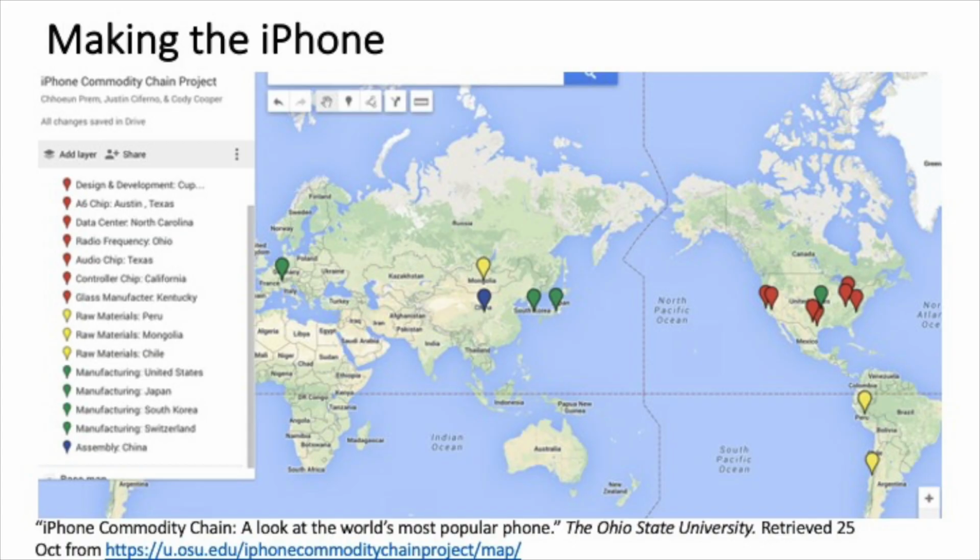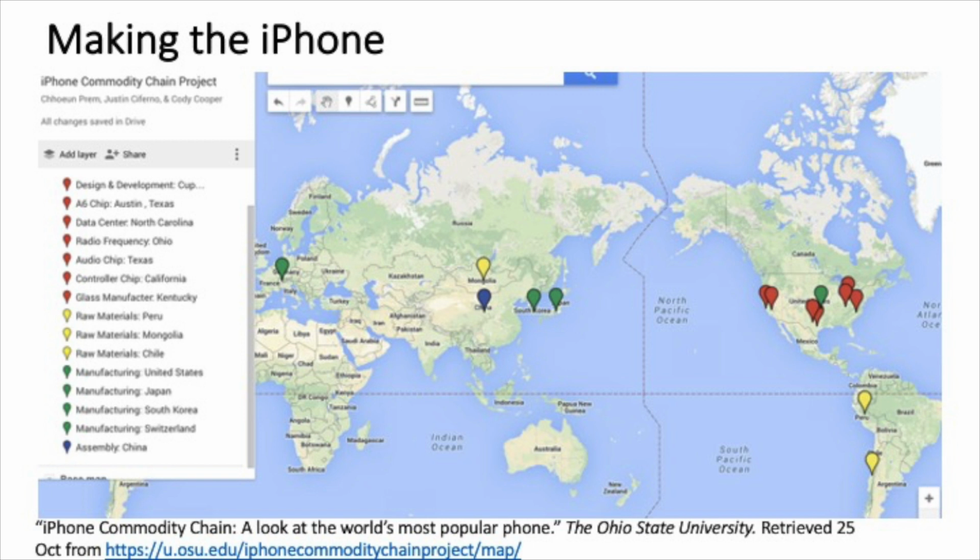So to get started in our discussion of the global economy, I thought it would be good to use the iPhone as an example. So what is the process of making the iPhone? Who does it involve? This is a great example of globalization and just how interconnected our economy has become. Many of you have iPhones or other smartphones that probably have a similar production process.